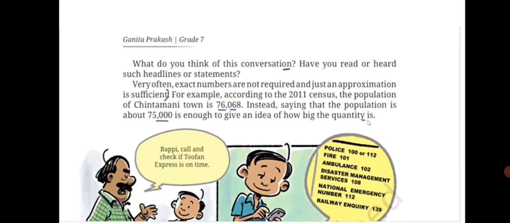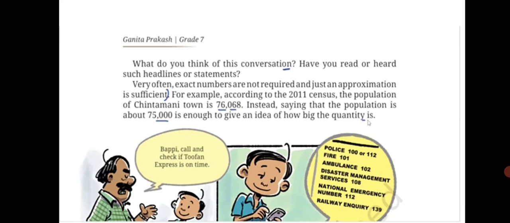In newspapers, headlines are always approximate values, not exact. You hardly hear news headlines with the exact number of people in any book fair. They always give approximate values. So very often exact numbers are not required and just an approximation is sufficient. For example, according to the 2011 census, the population of Chintamani town is 76,068.